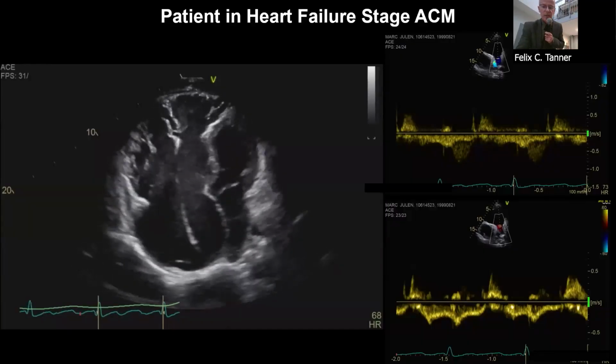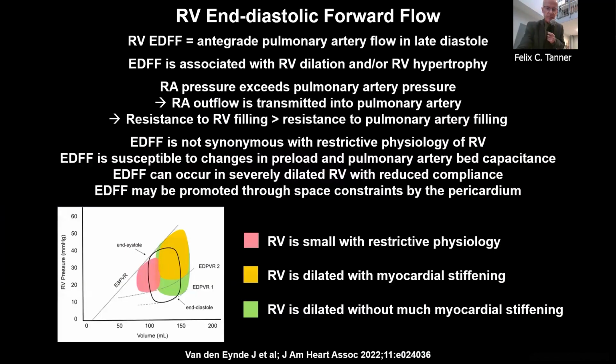And what I personally find very interesting is this modern concept of end-diastolic forward flow in the pulmonary artery. Previously, that was just the small, stiff, hypertrophic ventricle. But now we have the Fontan ventricle as an example.